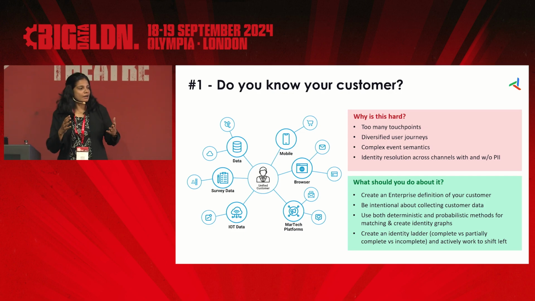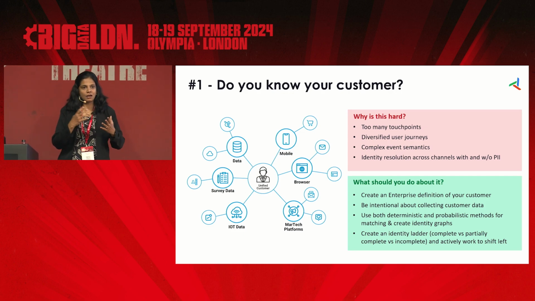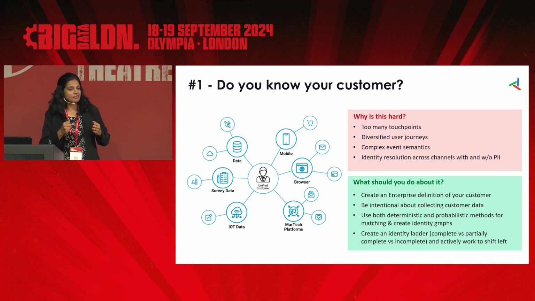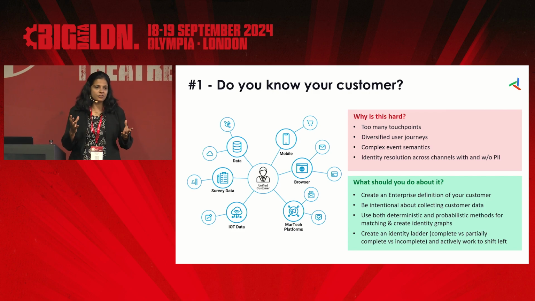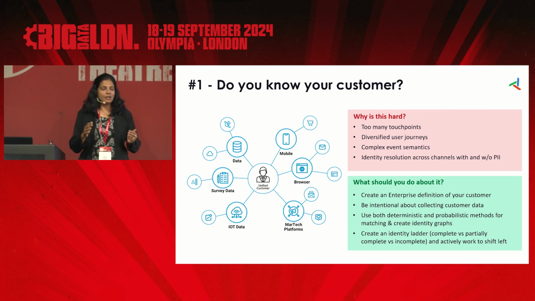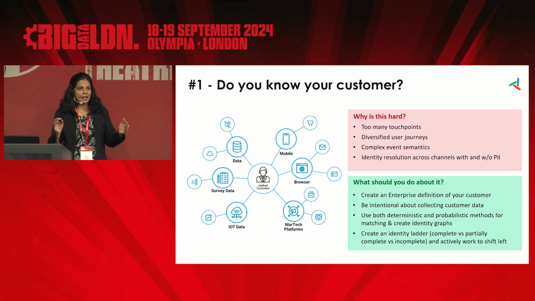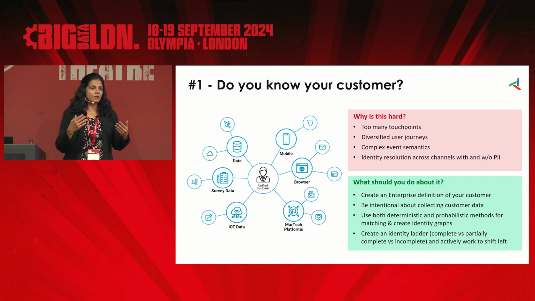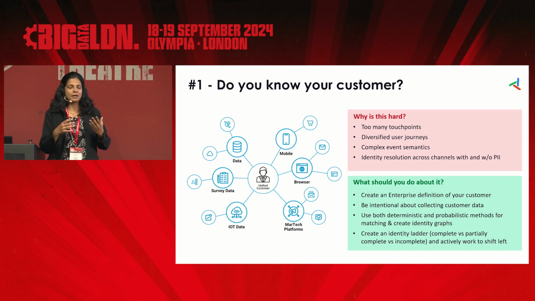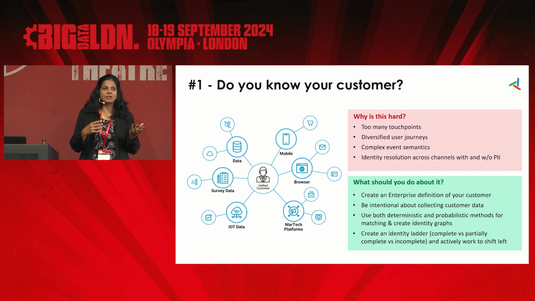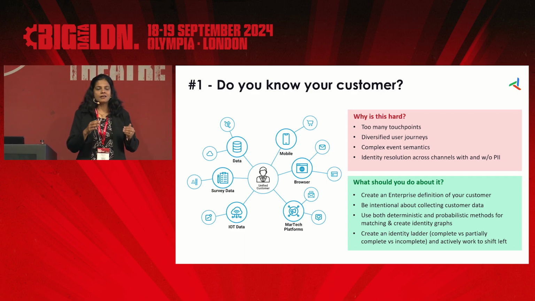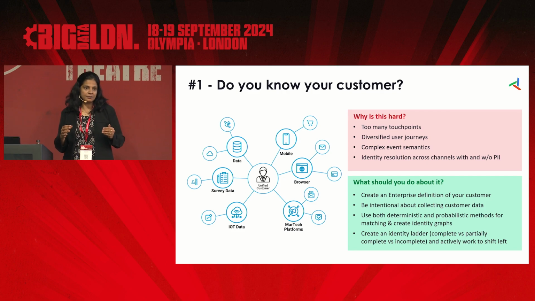For example, if you look at Netflix, one of the companies that we think is on the forefront of personalization, they are very intentional about collecting customer data, right? You cannot do anything on the Netflix platform without providing your PII. This, again, may not apply to a lot of brands. For example, a retail brand, especially when they are new, may not be able to do that. But you have to be intentional at some point about collecting customer data.